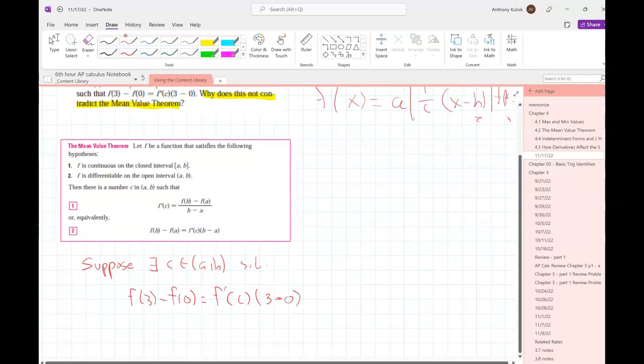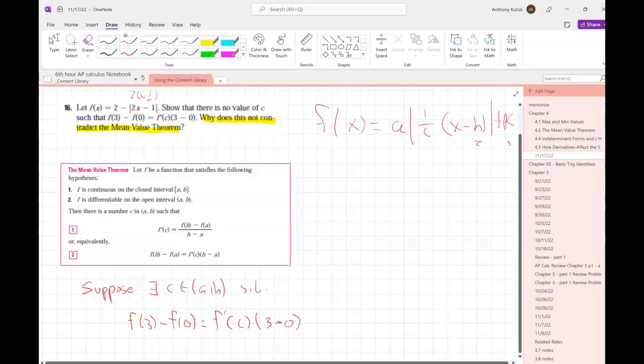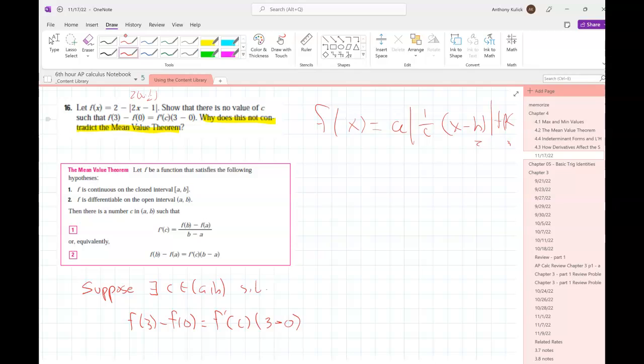Okay, so f of 3 is 2 times 3 is 6, minus 1 is 5, 2 minus 5 is negative 3. F of 0 is 1.